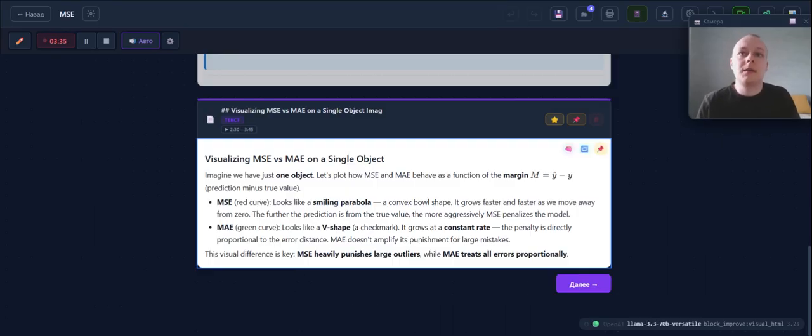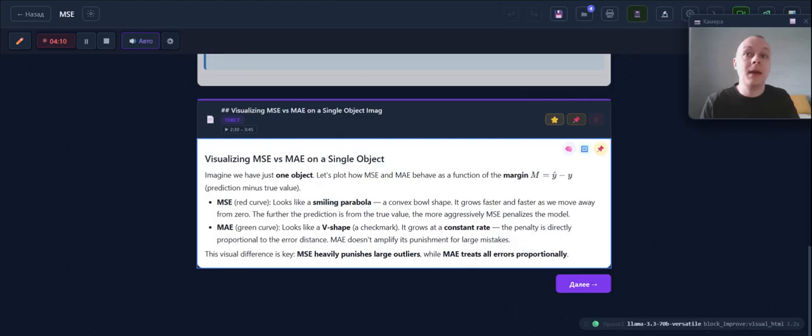All right, the way we visualize MSE and MAE on a single object, we can just imagine one object and plot MSE and MAE. MSE, as I already showed you before, looks like a smiling parabola, a convex bowl shape, and grows faster and faster as we move away from zero.